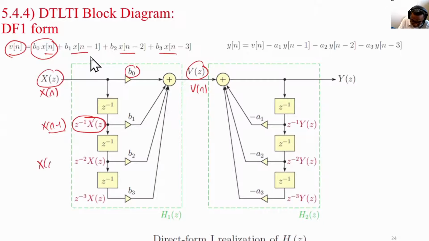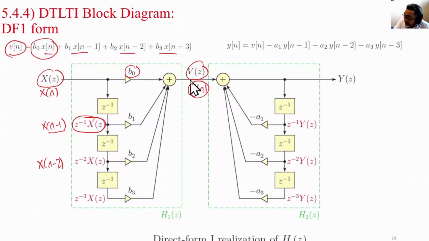This is x of n minus 2 because it has seen 2 delays. It is multiplied by b2, which is b2 times x of n minus 2, then we sum again. So this v of n is simply the sum of the past x of n, x of n minus 1, minus 2, and so on, multiplied by these respective coefficients. That's all.